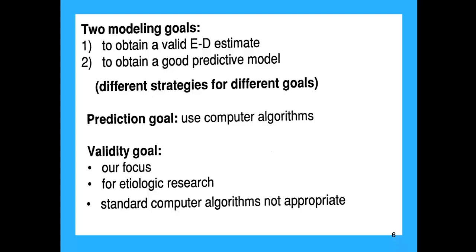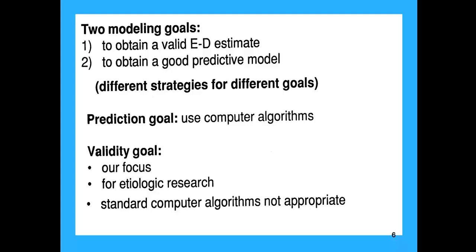So if your goal was prediction, you wouldn't necessarily want to do what I'm going to be talking about for most of these next couple of weeks. In fact, when you took the course last spring and you were using the other book, the regression book, there's a chapter about modeling strategy, or how to get the best model.